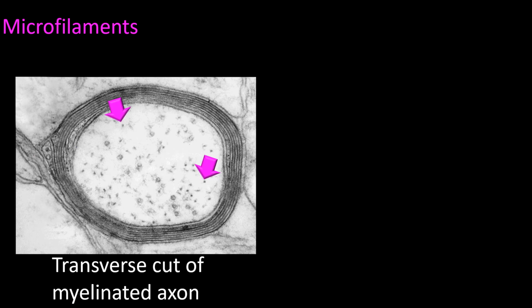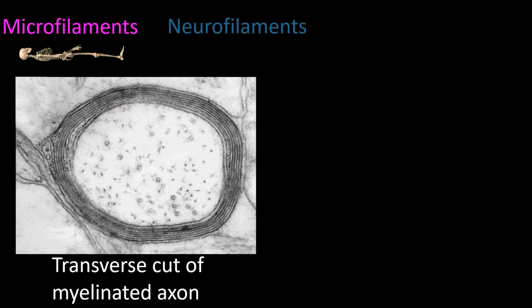These relatively compact structures are the microfilaments. They are a component of the cytoskeletal system of the cell, as we have previously mentioned. Neurofilaments appear less well organized.